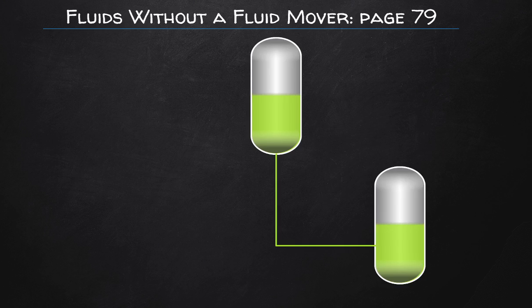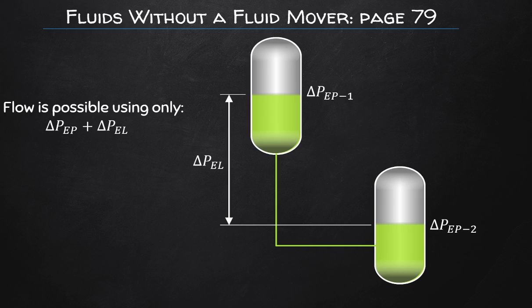Now at times the process layout lends itself quite well to inducing flows without the need of fluid movers, and this generally occurs when there is sufficient elevation available to you, such as the endpoint pressures. Maybe P1 is quite high under a lot of pressure, and perhaps you also have a good elevation.